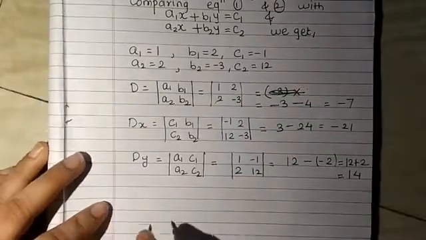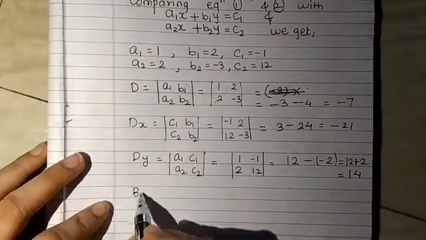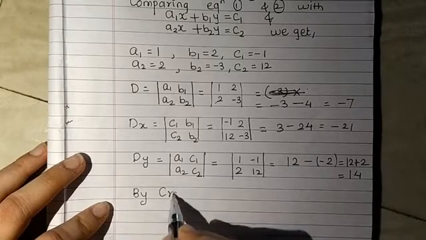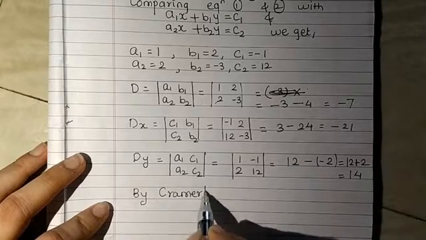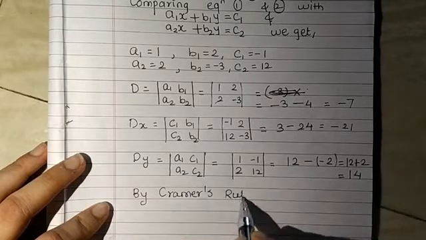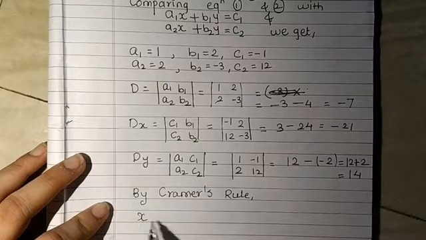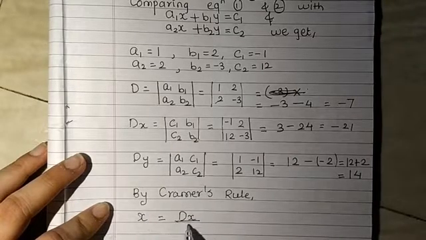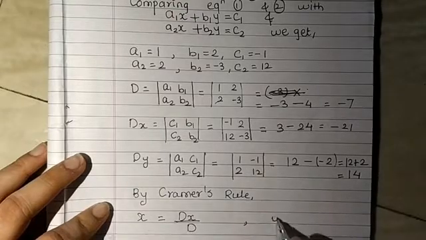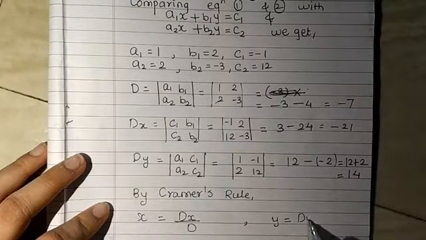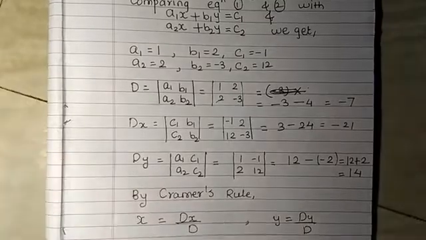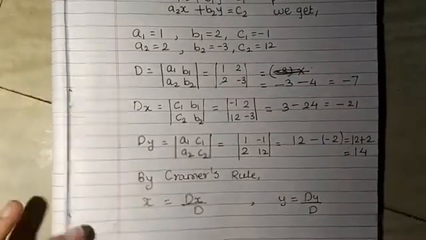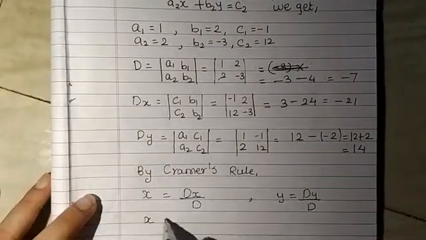Now the next step is very simple, which is your last step, by Cramer's rule. By Cramer's rule, x you will get by the formula Dx upon D, and y you will get by the formula Dy upon D. Simply use this formula to get the answer for x and y.